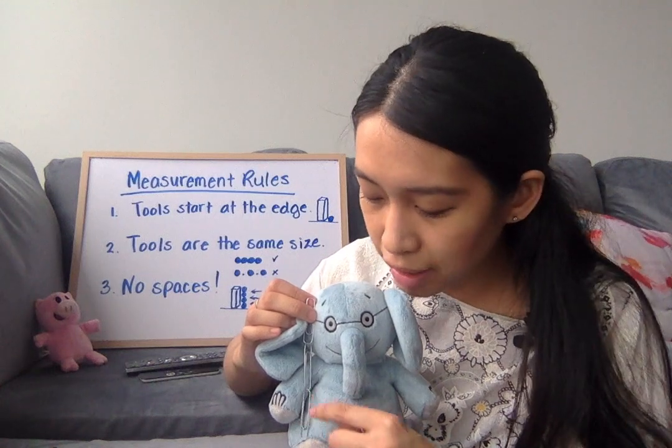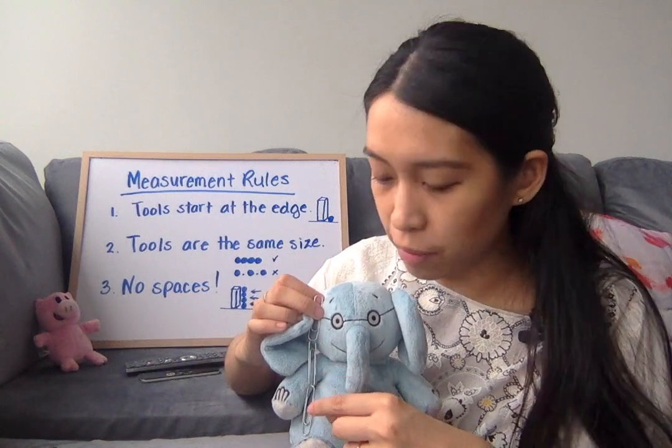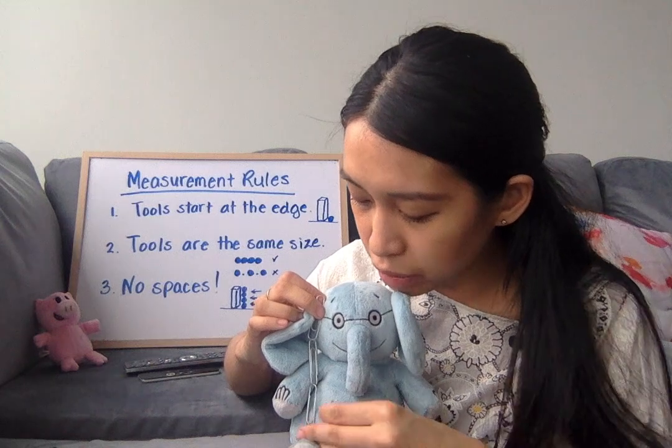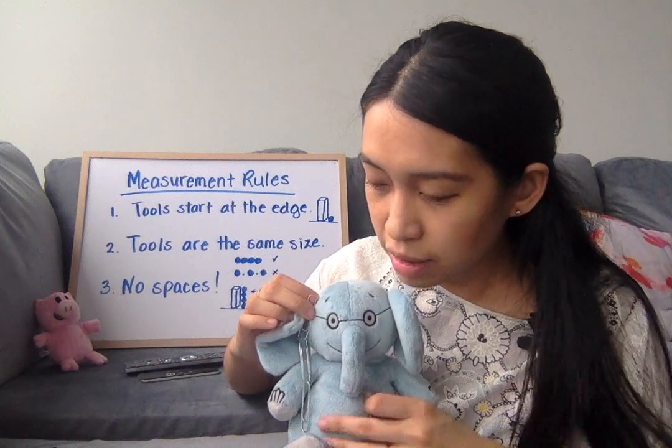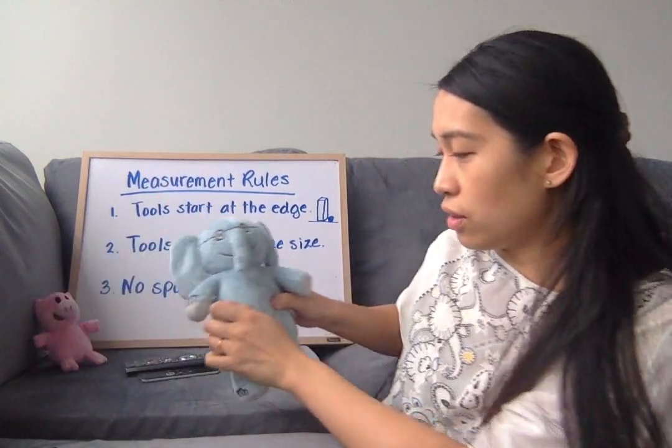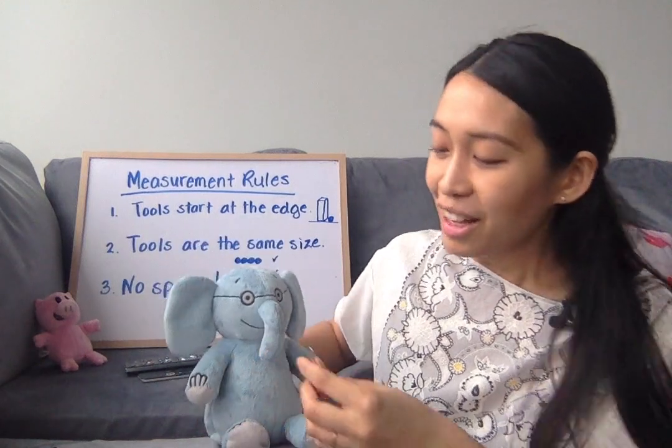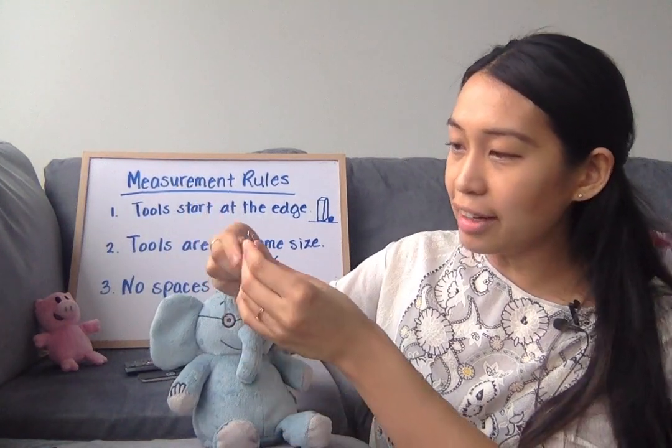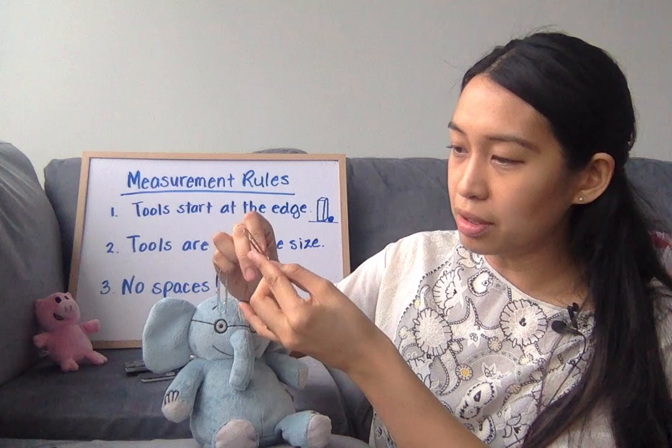There's no space in between the paper clips at all. So it's very important when we're measuring that we don't leave spaces. So it's hard to show you here. They all have to line up.